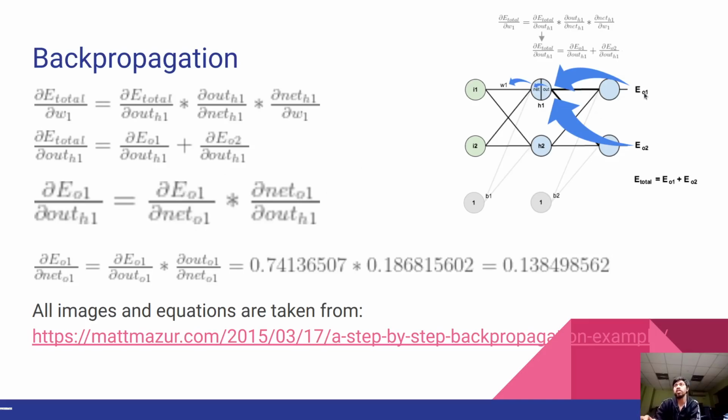EO1 with respect to net O1. This is also not calculatable directly, because here also we have net and here also we have out. So, it will be with respect to out O1, and out O1 with respect to net O1. Basically, we are calculating the error with respect to the output, then with respect to the sigmoid activation function, then with respect to this one.